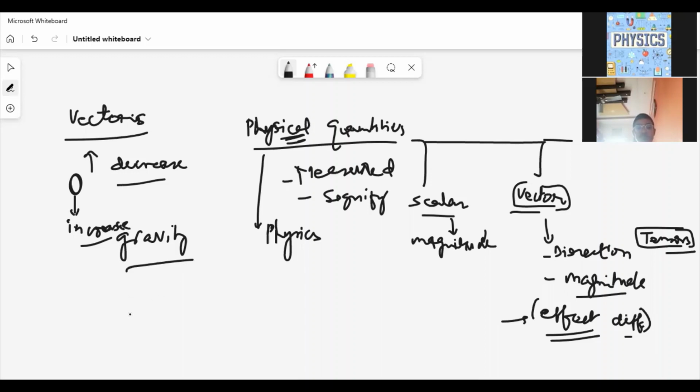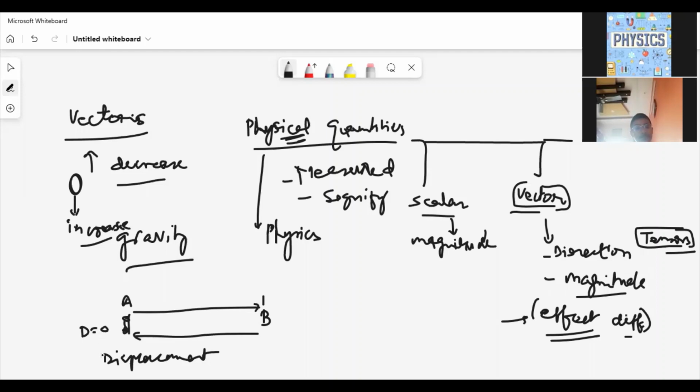Okay. Suppose you go from point A to point B, and again you return to point A. If we talk about your displacement, how much you are displaced, since your initial and final position is the same, your displacement equals 0.